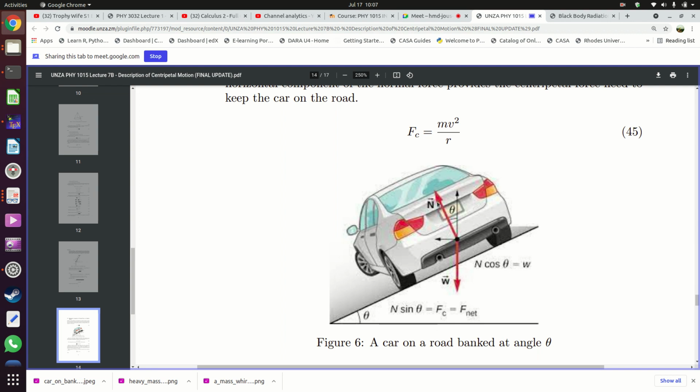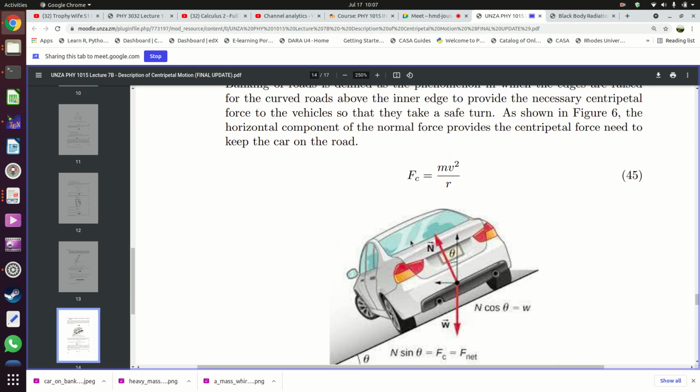There is also another bit here, the normal force multiplied by the cosine, which is pointing up. This bit pointing up is pushing the car up. It's equal to the weight. And the other bit, the normal force multiplied by the sine, is making the car stay in a circular path.